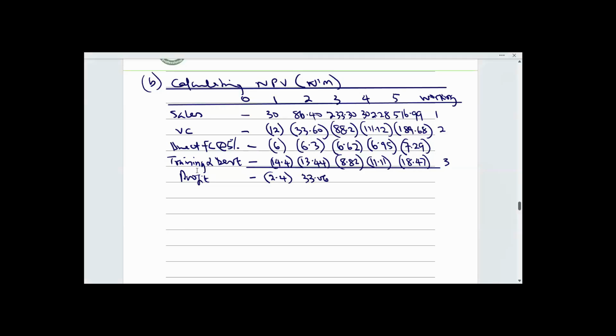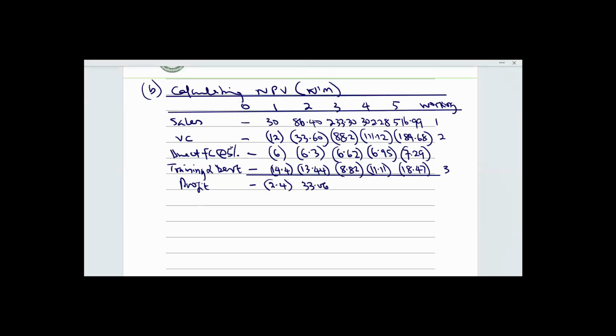In year 3, 233.3 minus 88.2 minus 6.62 minus 8.82 equal 129.66.